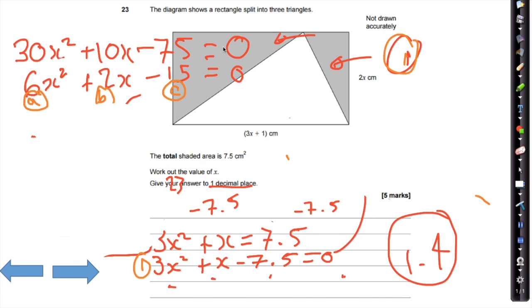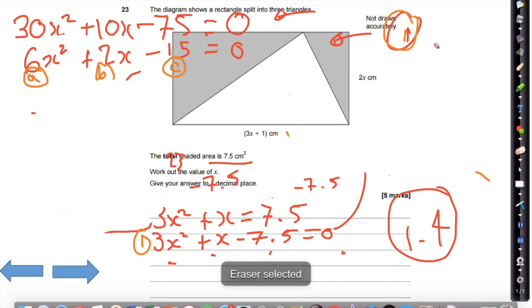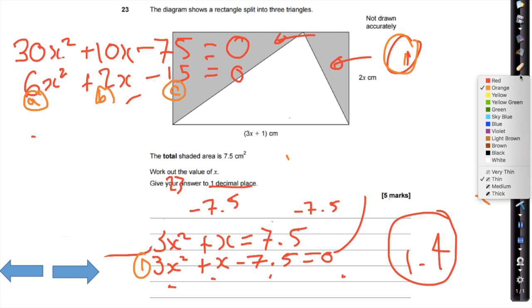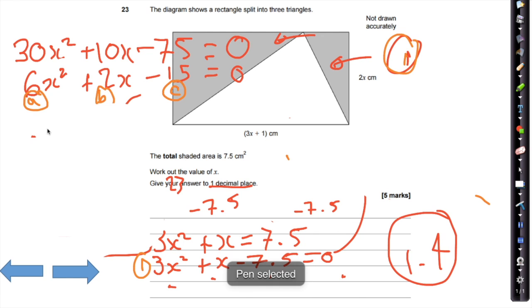So that's your second mark. Your third mark is for your attempt to put your a, b, and c into the quadratic equation. So actually, you don't get many marks until you start using the quadratic equation. So when you've put your digits into the quadratic equation, that's your third mark.